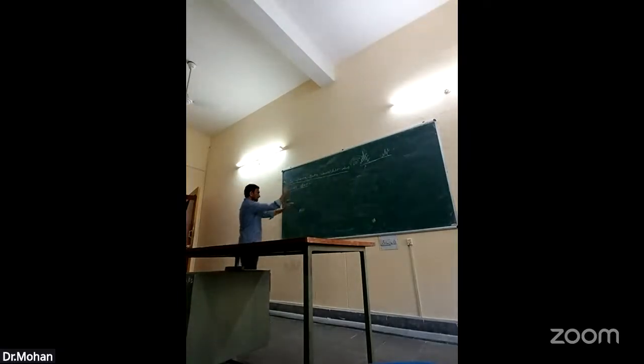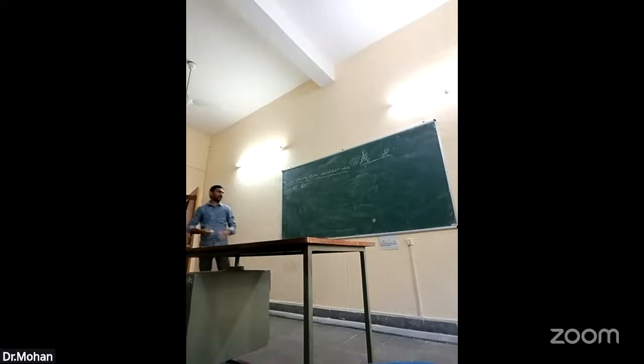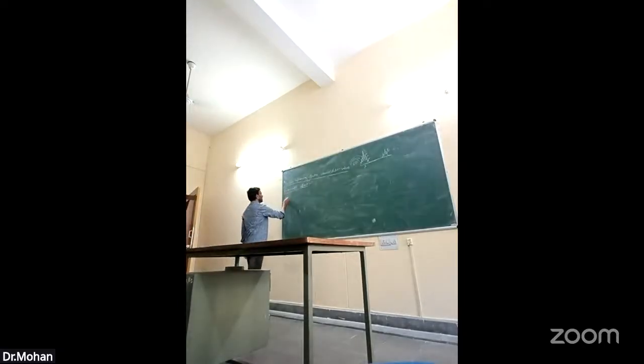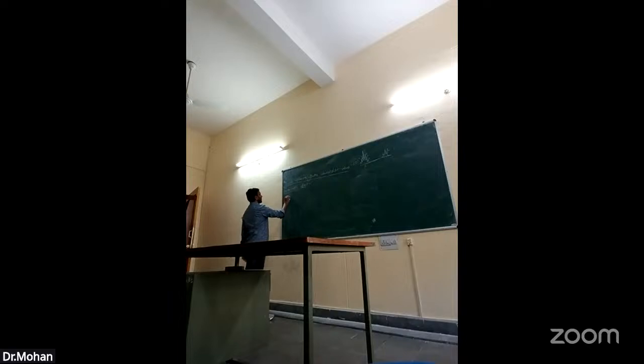If you see the delta values in the table given here, for example alkanes, how much is it? 0.5 to 0.9. Alkenes.